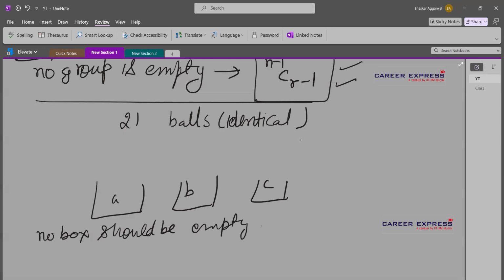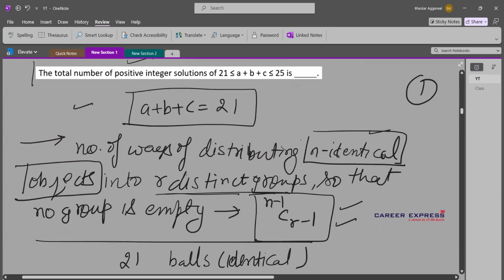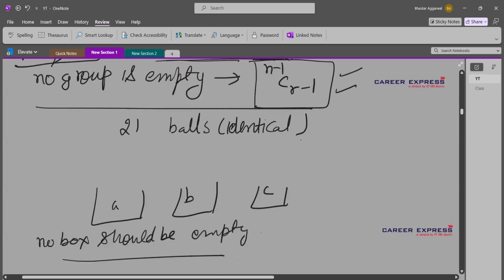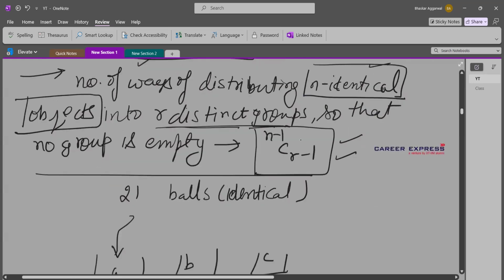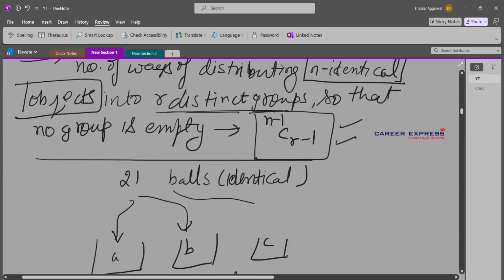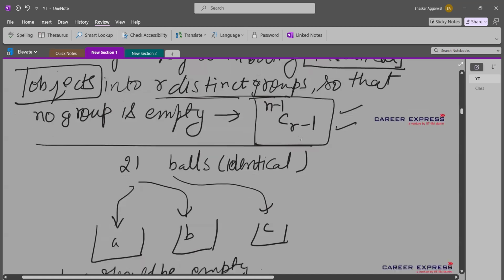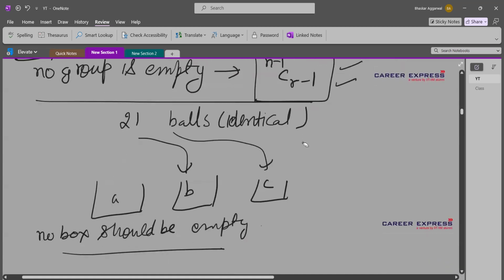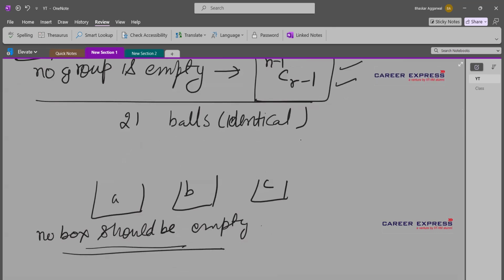This is a similar situation. The number of balls given to box A will be the value of A, the number given to box B will be the value of B, and similarly for C. A, B, and C cannot be 0 because the box cannot be empty, so we have to assign at least one ball to each box.